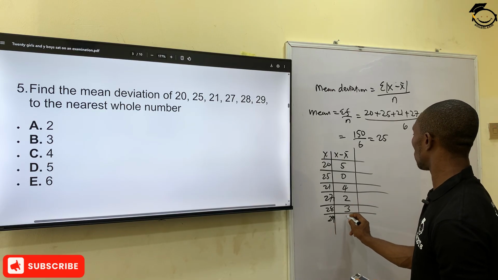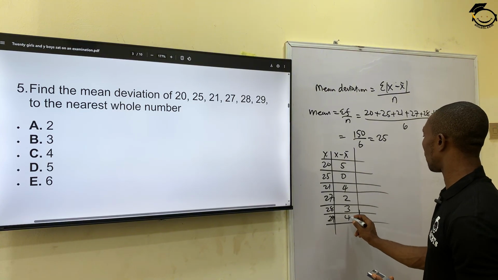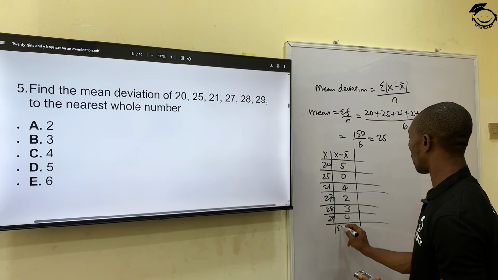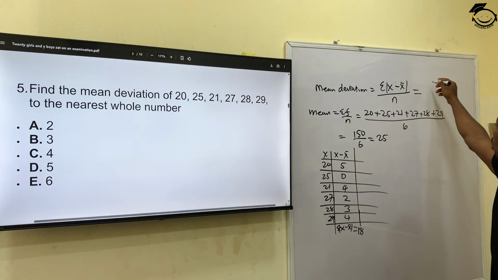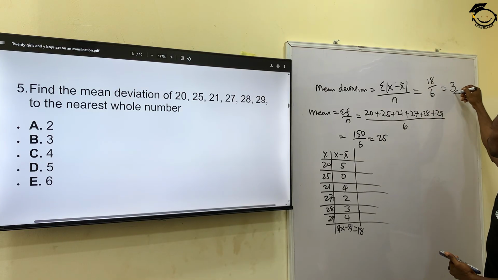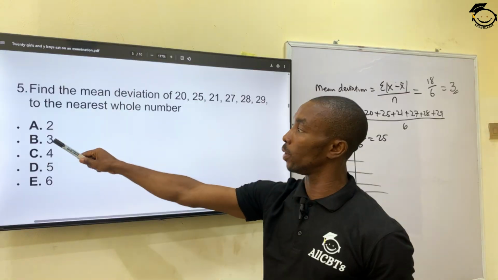And 29 minus 25 will give us 4. If we add all this, we have 18. Our summation of modulus x minus x bar becomes 18, so 18 over 6 gives us 3. So our mean deviation will be 3, which is option B.